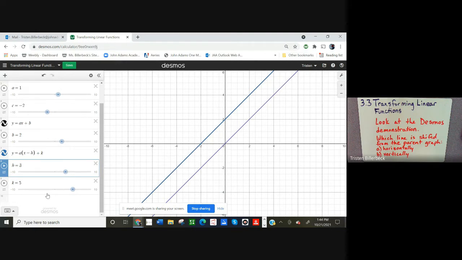So that's not necessarily the name of this, though I want you to get used to the form, because you'll see this when we get to the parabolas, where it's called a vertex form of a parabola. All right, let's go back to the lesson.